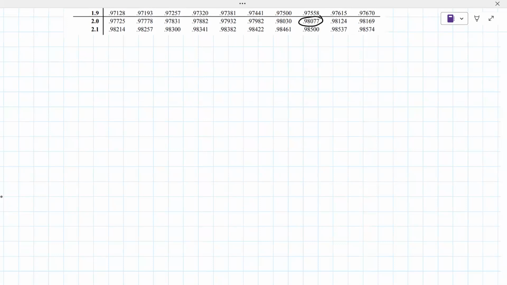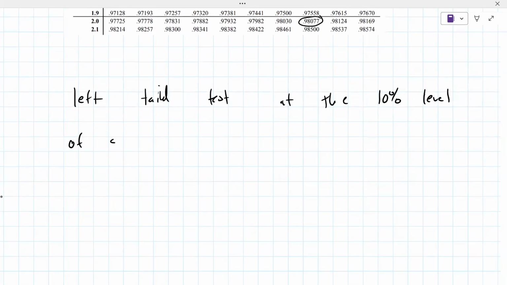Let's say this is a left-tailed test at the 10% level of significance. That's alpha, by the way. And you get a Z of negative 1.62.